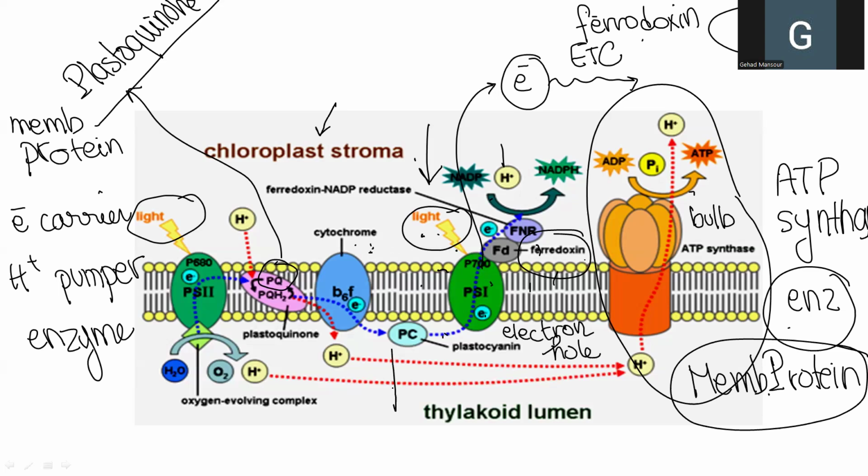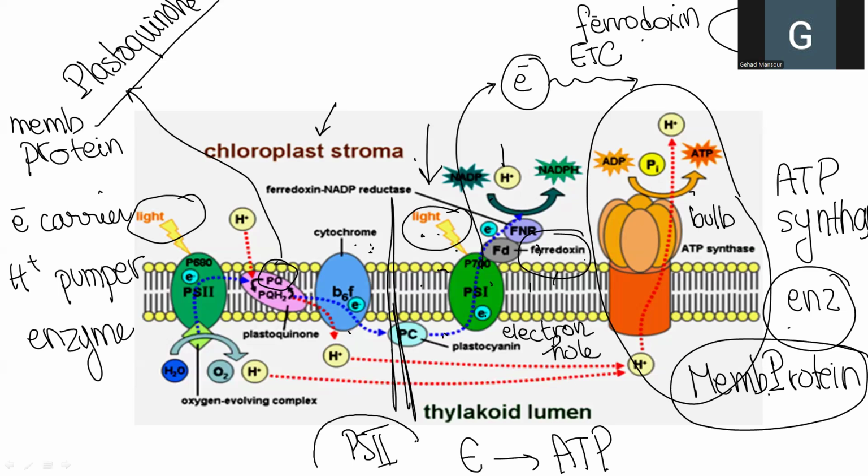We have just said that at the end of photosystem 2, we use the energy to store it to form ATP molecules. It's here that the ATP synthase acts. So actually, this energy that is released from the transfer of electrons along photosystem 2 is not directly stored inside ATP.